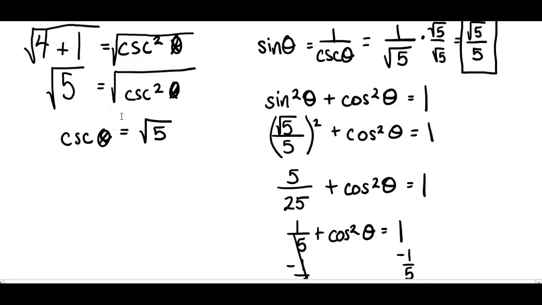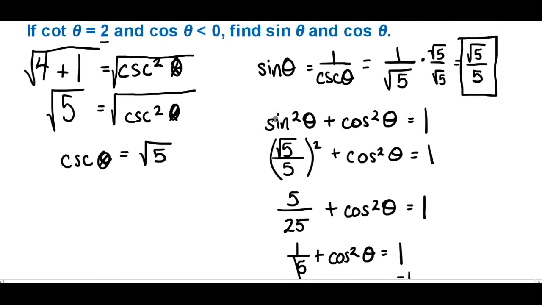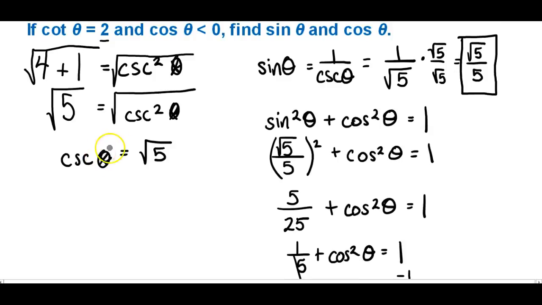Now, one last thing I forgot to add is that when we're taking the square root, I should have mentioned, these can be positive or negative. So if I have taken the square root of cosecant squared of theta, this answer could have been positive or negative root 5.